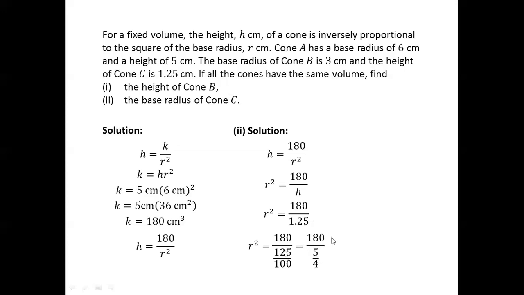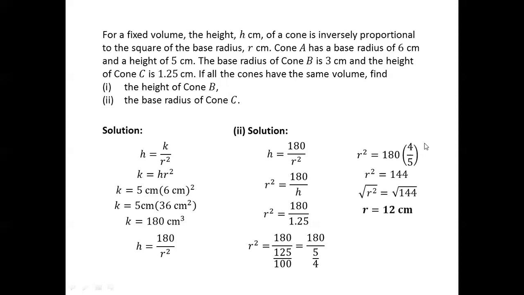This gives us 180 times 4 over 5. So 180 divided by 5 will be 36, and then 36 multiplied by 4 will be 144. Getting the square root of each side, we'll now have R is equal to 12 centimeters.